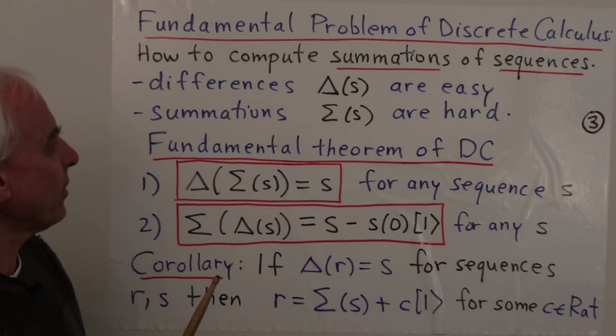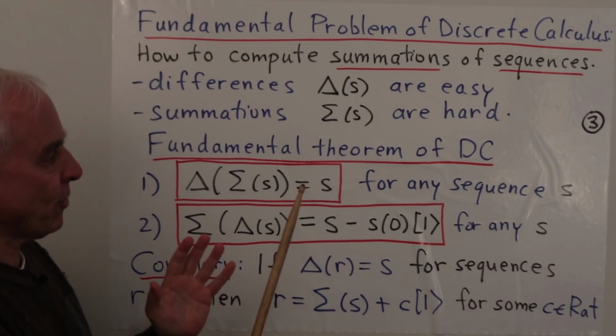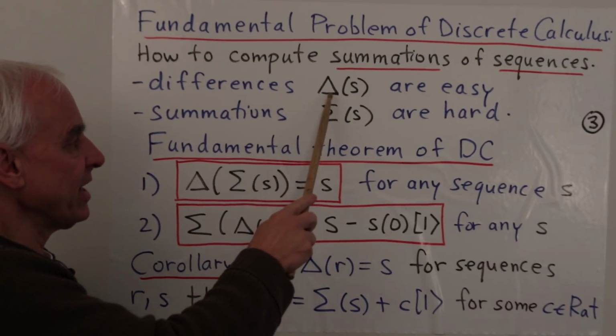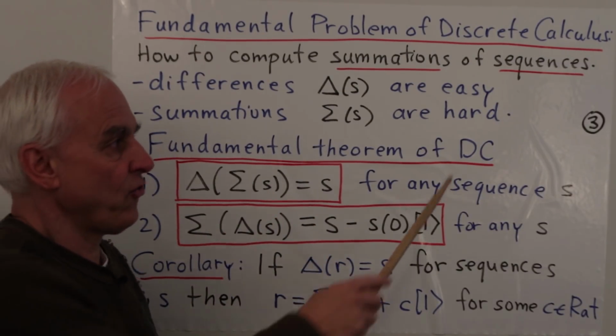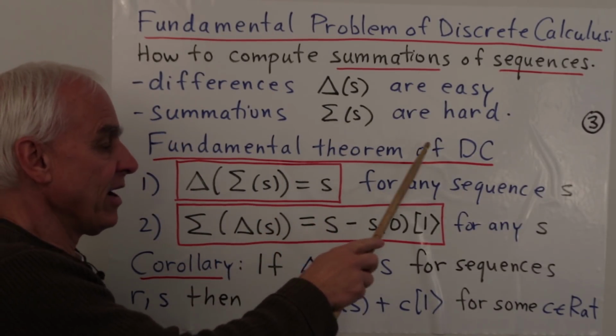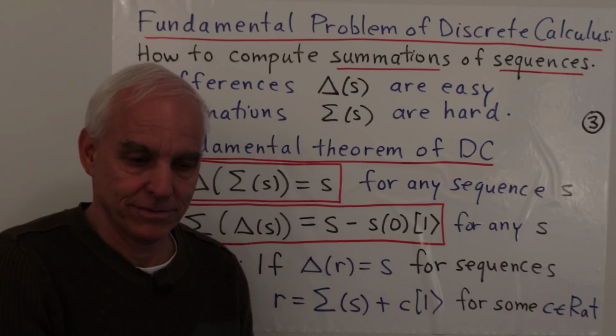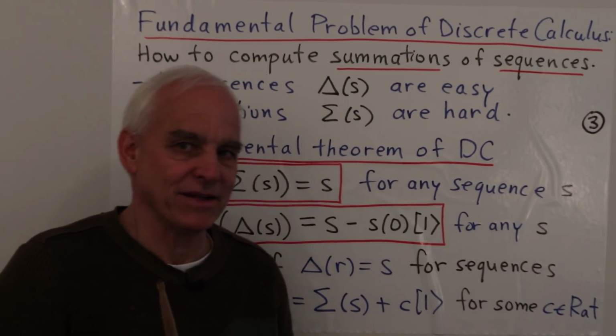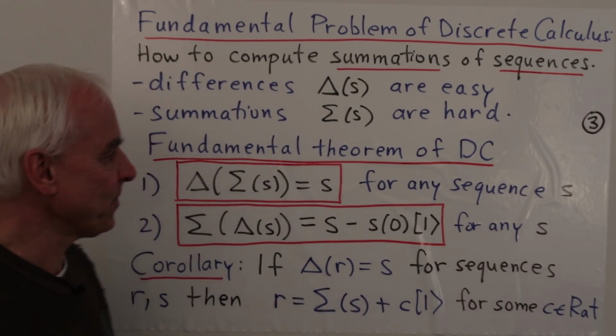Okay, so the rough orientation is that calculating differences of sequences is generally easy, while calculating summations of sequences is generally hard. That's a generalization, but it's a rough orientation.